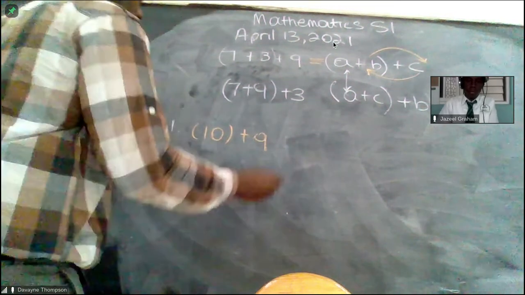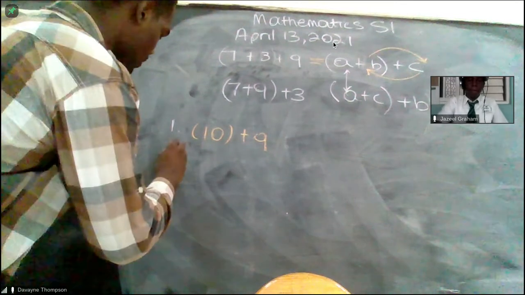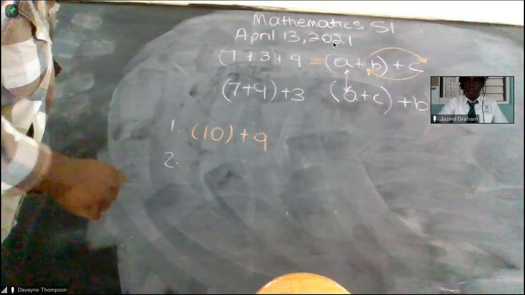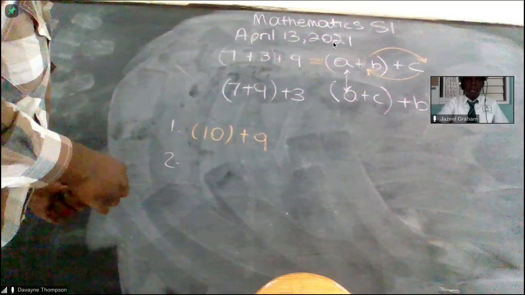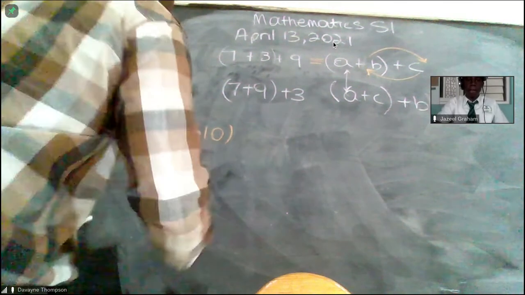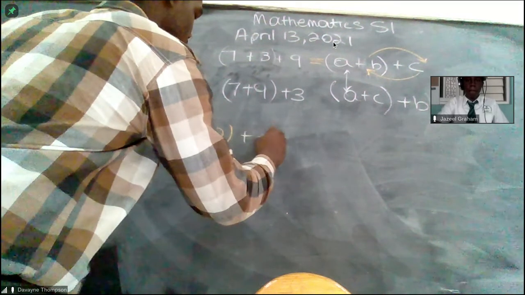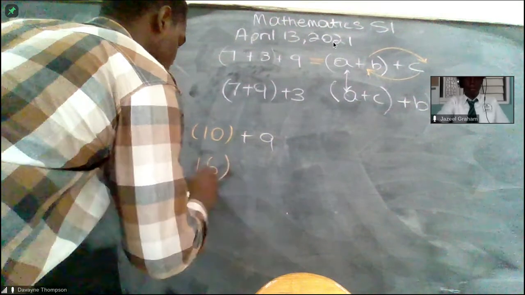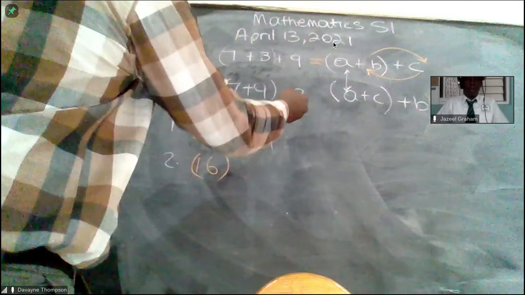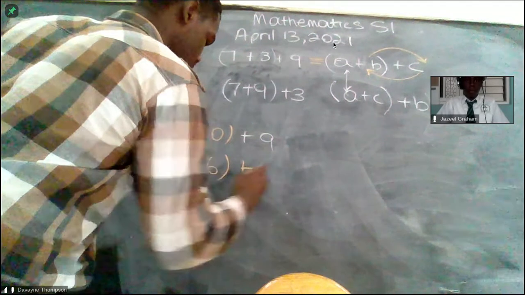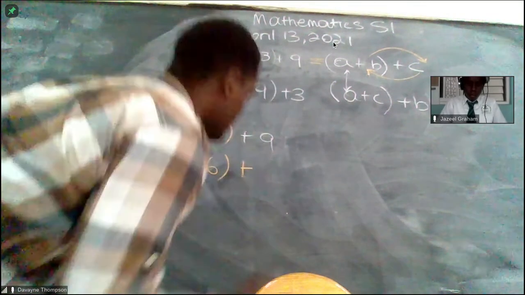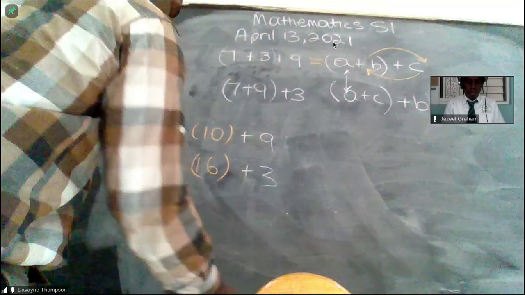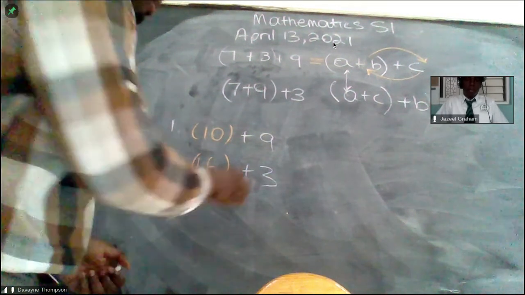In the second one, what's going to be 7 plus 9? 16. Excellent. So we're going to have 16 bracket, and we're going to add that to 3. And now in both cases, we must get the same answer.